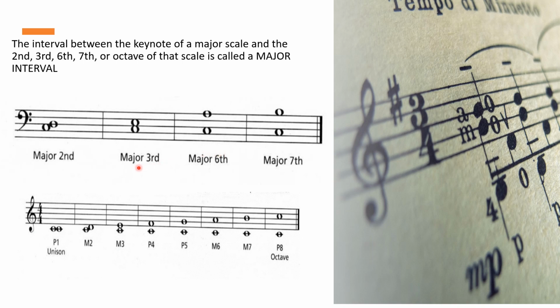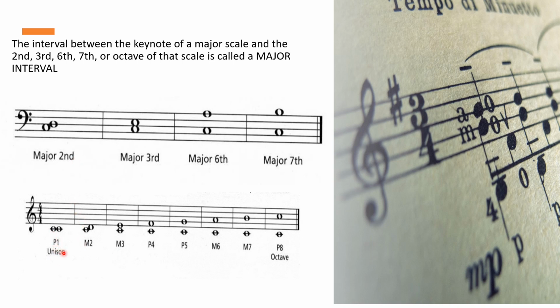So that is to say, second is not perfect, is major, while fourth is not major, it's perfect. So you call it perfect fourth, perfect fifth, and you call this major third, major second, on a major scale. When we get into minor scale, it has its own intricacies as well. So that we will leave as we proceed further in other grades.